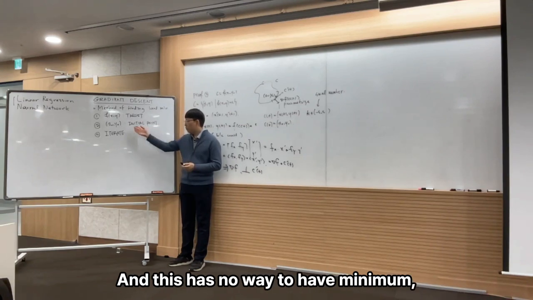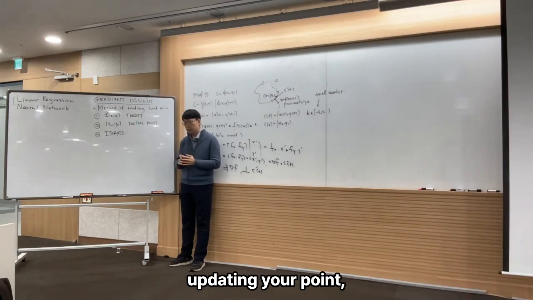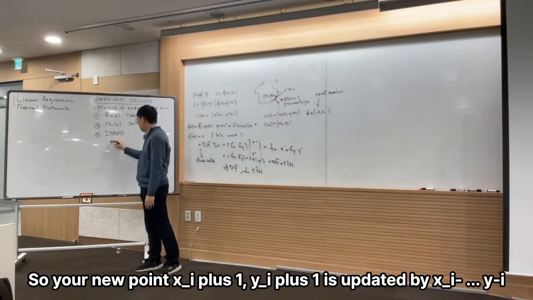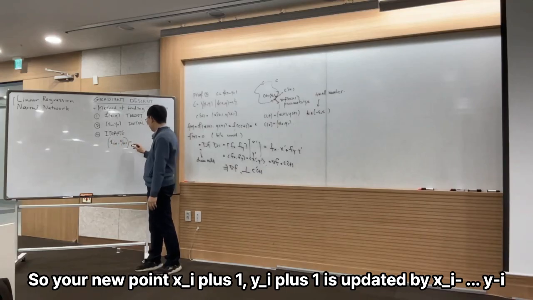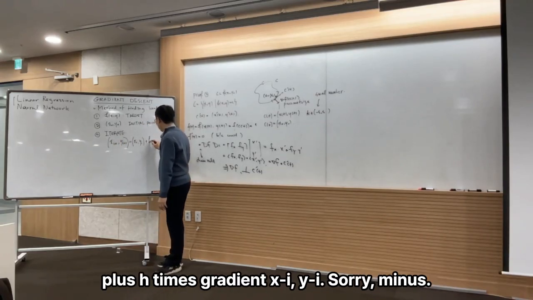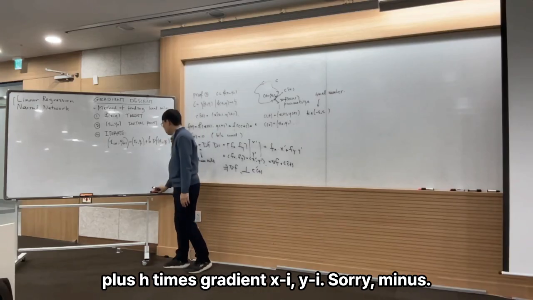You have to iterate your process, updating your coordinates, to get to the local minimum. So your new point (x_{i+1}, y_{i+1}) is updated from (x_i, y_i) plus h times the gradient of f at (x_i, y_i). Sorry, minus.